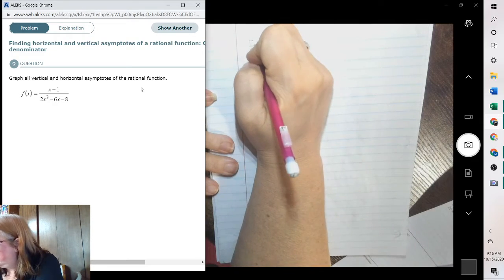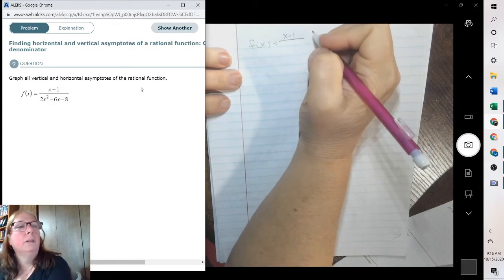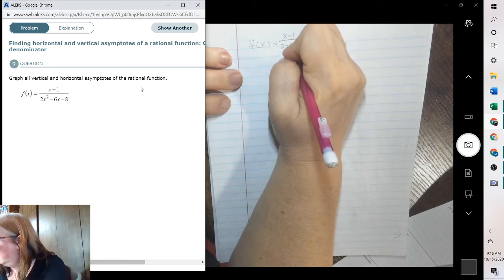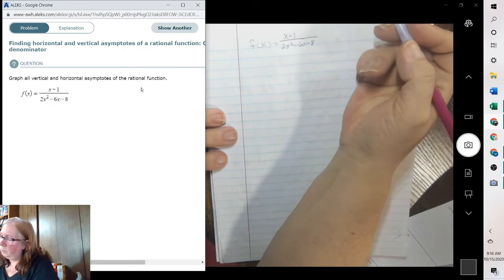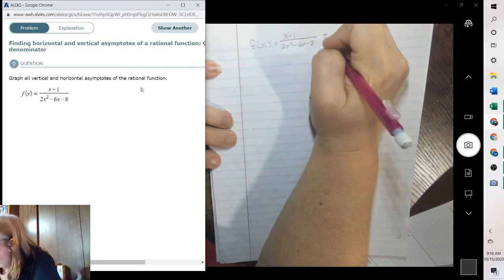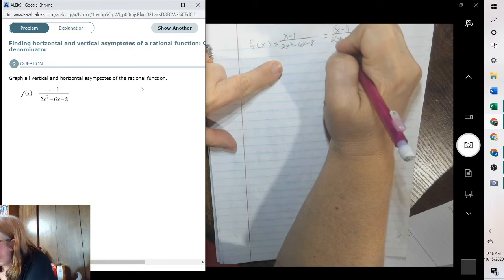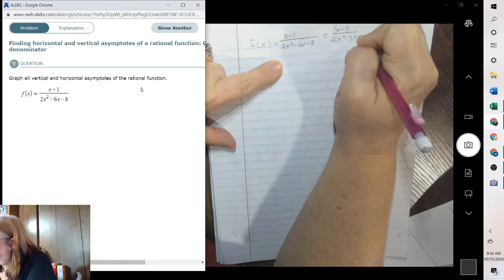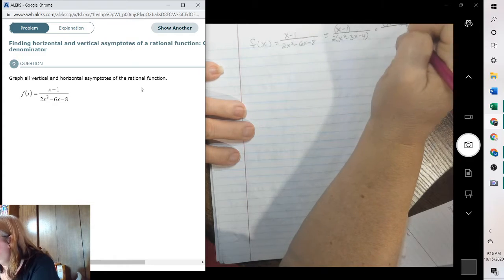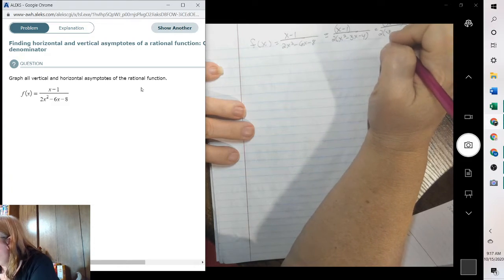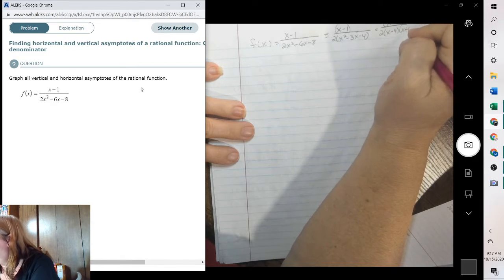F of x equals x minus 1 over 2x squared minus 6x minus 8. We can pull a 2 out, and it is factorable: x minus 4 and x plus 1.